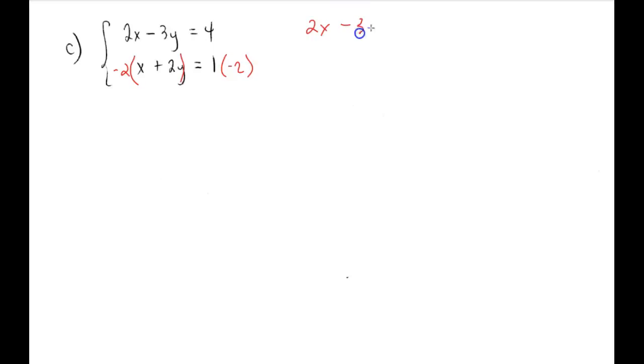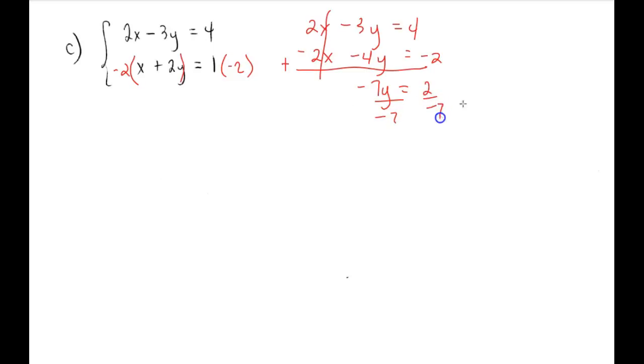Our first equation will stay the same, but our second equation will now change to -2x minus 4y equals -2. We see that our x's cancel, and if we add, we get -7y equals 2. Divide both sides by 7. We see that y is -2/7.